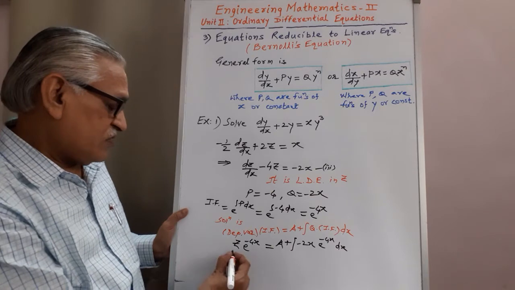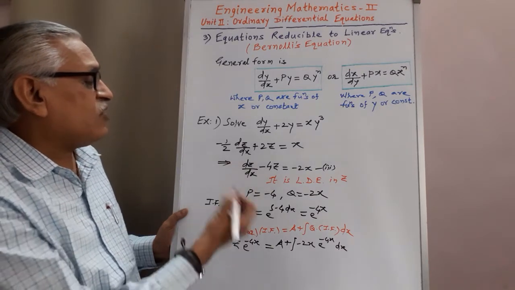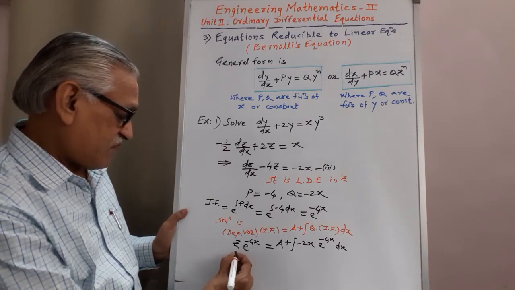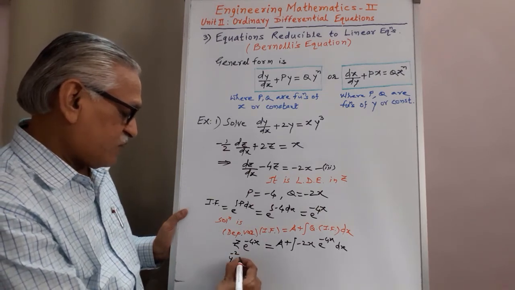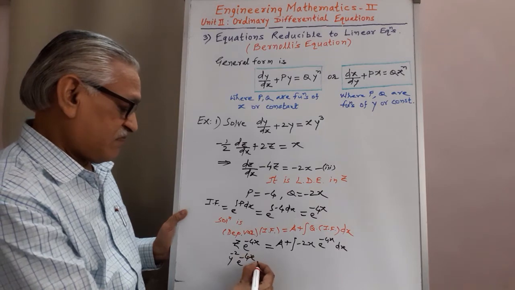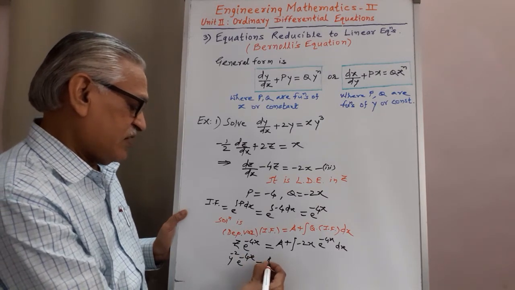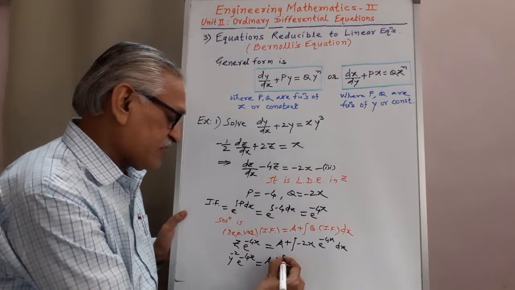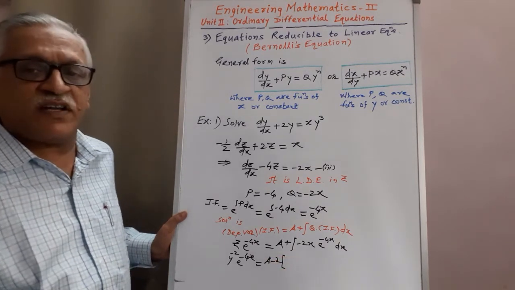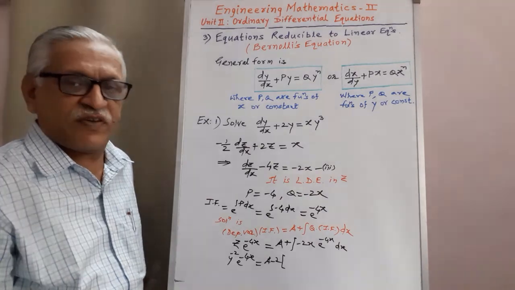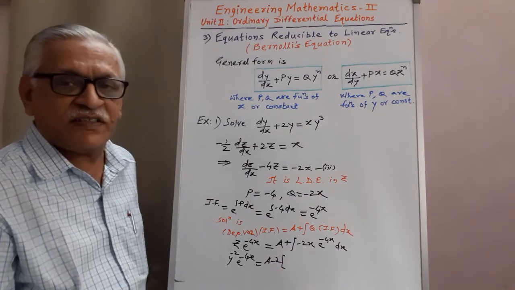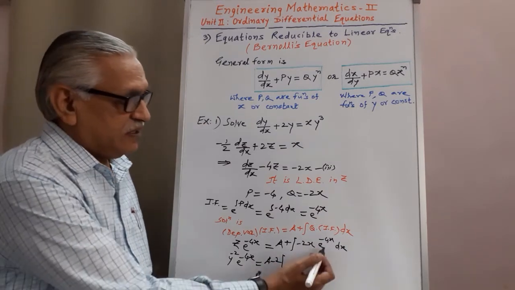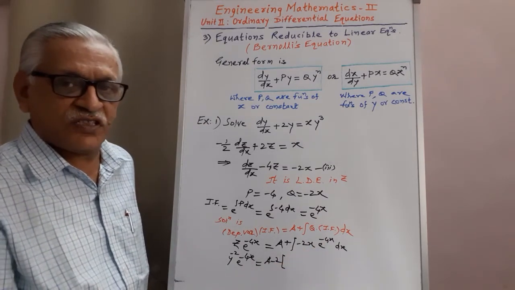Therefore substitute the value of z, the value of z is y raised to minus 2, e raised to minus 4x is equal to a minus 2, constant we take outside, and the remaining term is x e raised to minus 4x, a product of two terms of x. Therefore integrating it by generalized parts. x is an algebraic type of term, e raised to minus 4x is an exponential term.